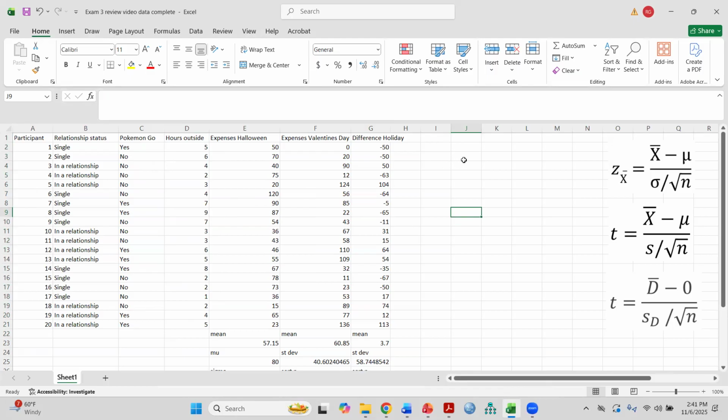So we have to pull out the hours people spend outside, whether they're Pokemon Go players or not. Let's make a couple new columns: Go yes and Go no. We're going to pull out the hours for all the people who do play.